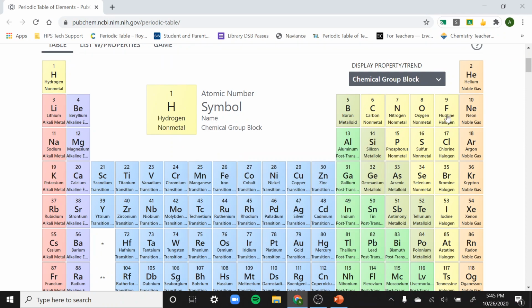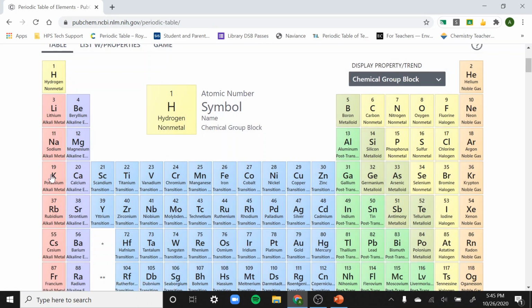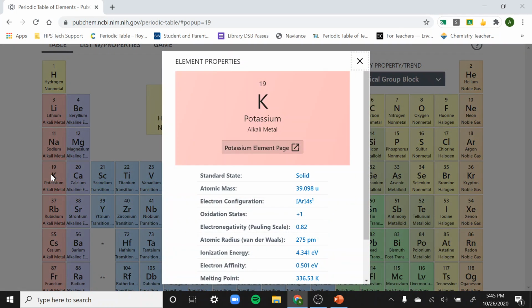If we look at the periodic table down here around argon, I click on argon. Argon's atomic mass is 39.9 AMU. And potassium's is 39.09, or 39.1.